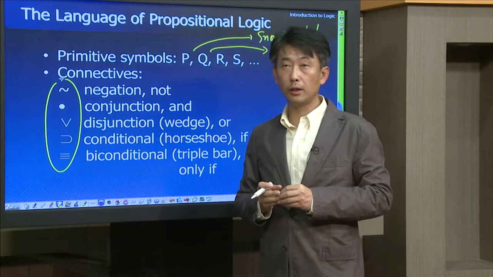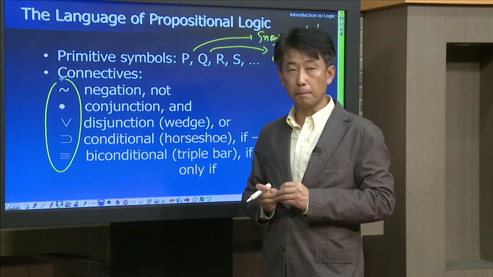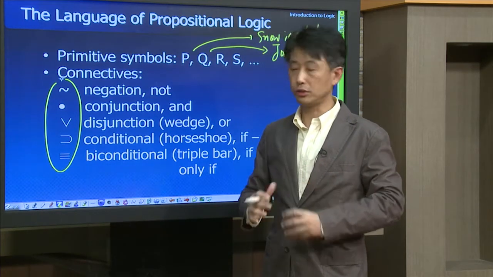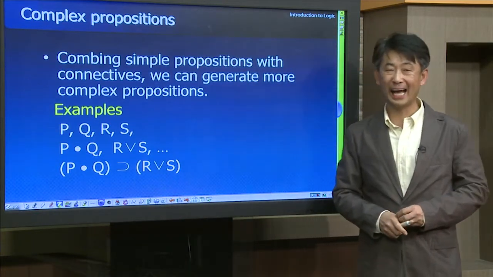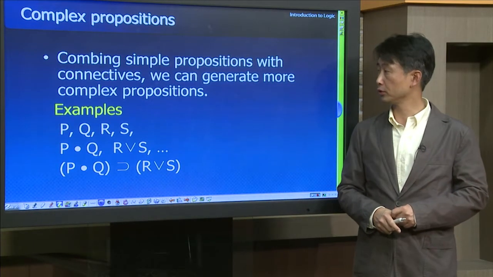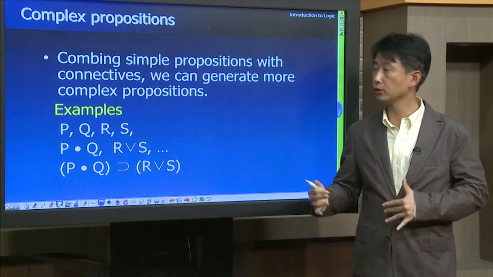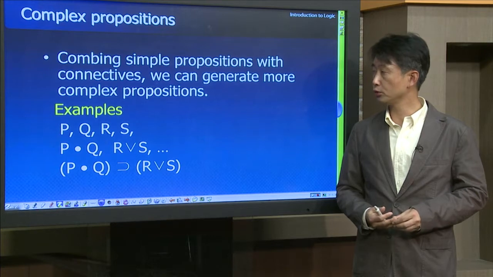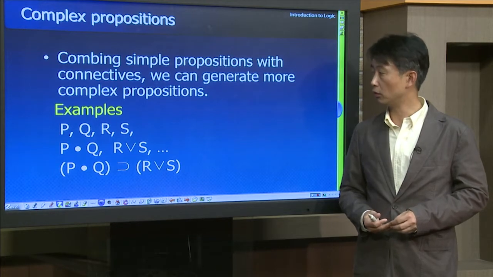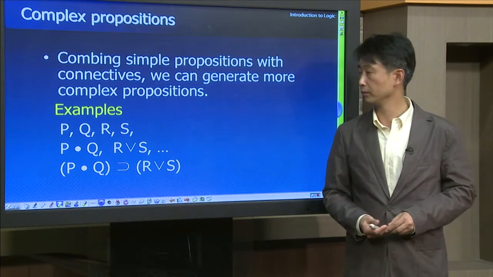And there is a rule about how to combine these symbols. We can combine simple propositions, simple statements P, Q, R, S with the connectives. By combining those, we can generate more complex propositions.